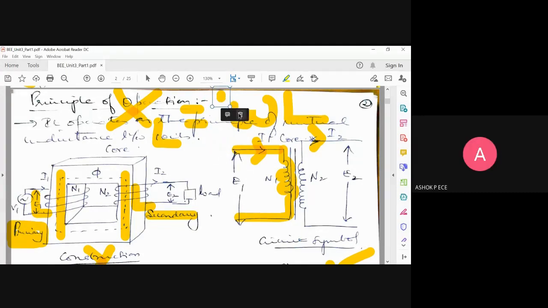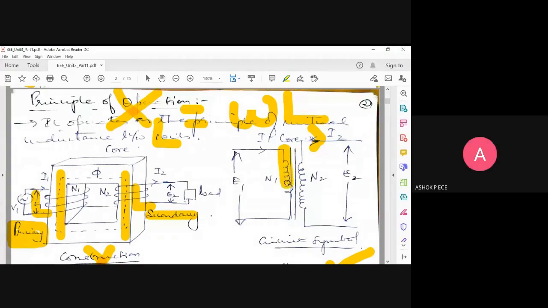And somebody rightly pointed out that in DC the frequency is zero. So what will happen to omega in case of DC? Zero. So when omega is zero, what will happen to XL? Zero. What does XL equal to zero depict to you? A short circuit.